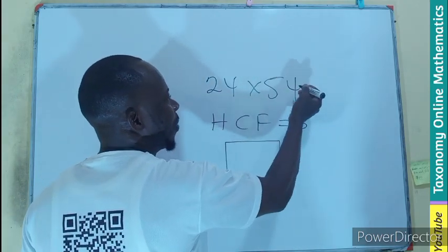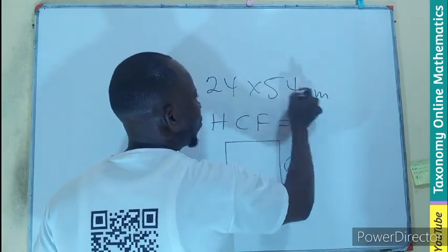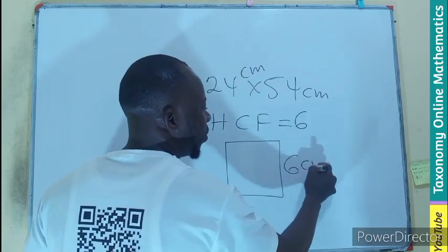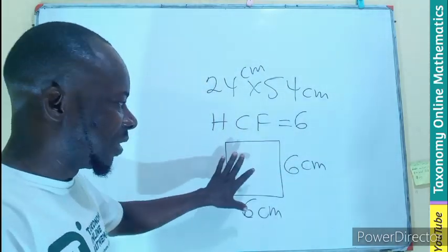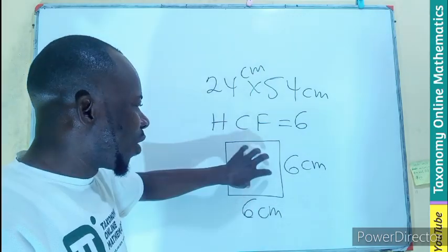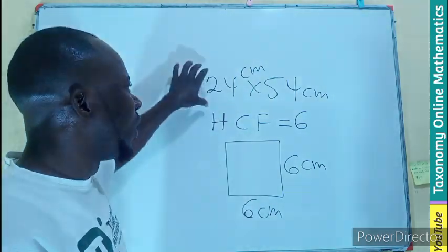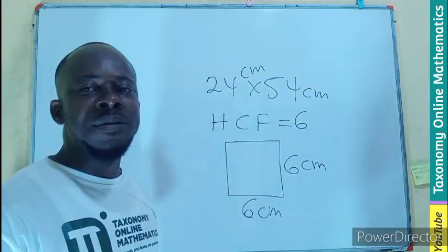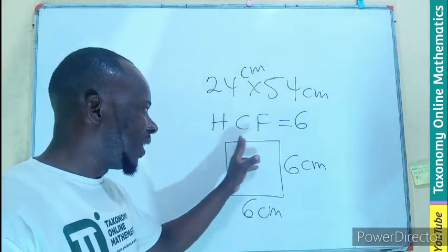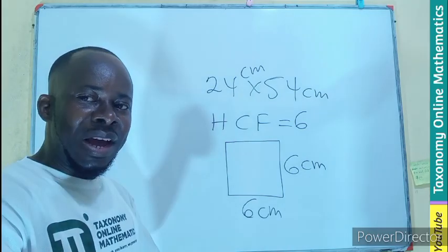Let me just apply the dimensions so that we will not get confused. So this is the tile that I have. I want to find out how many of these tiles can be used to lay the room that is measured 24 centimeters by 54.